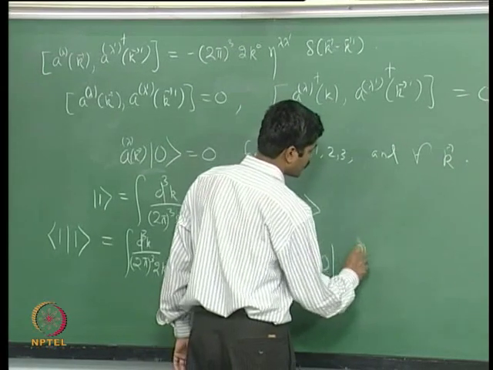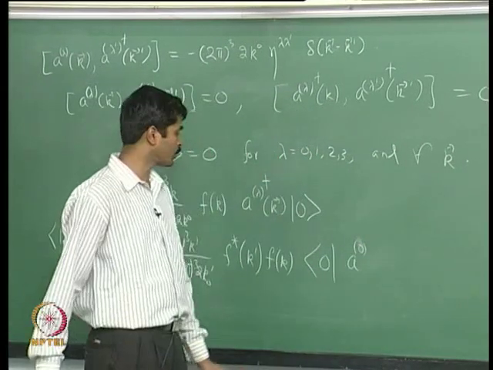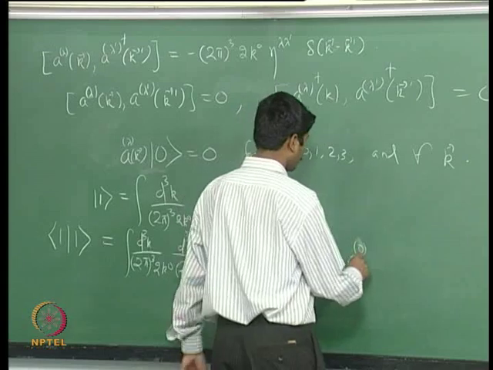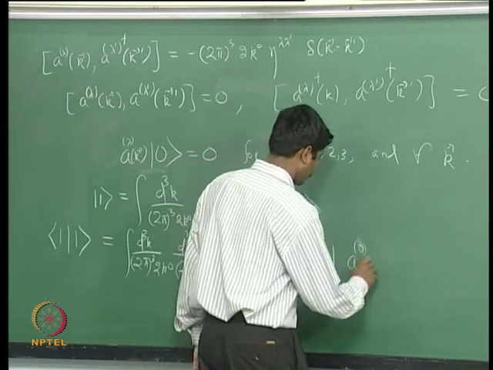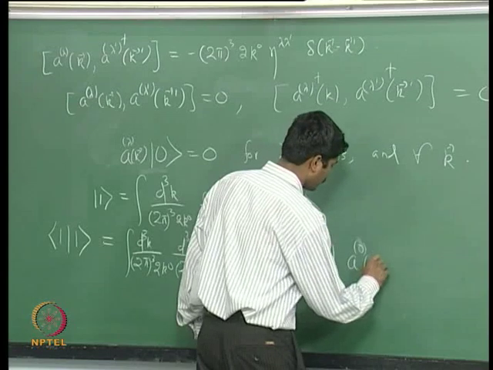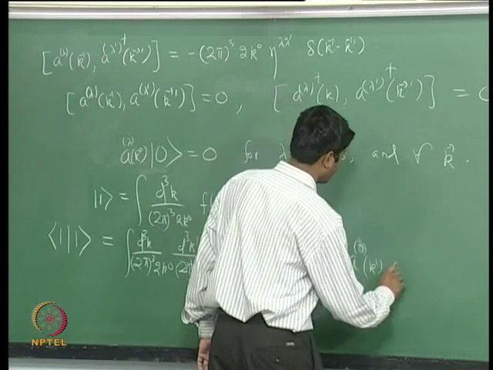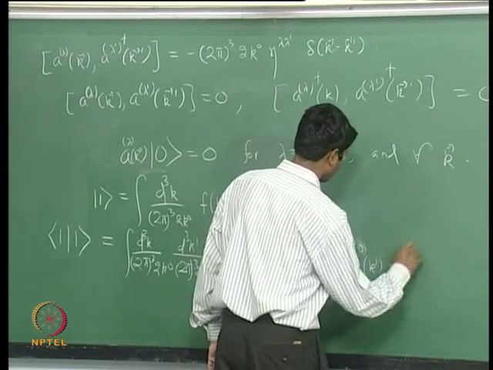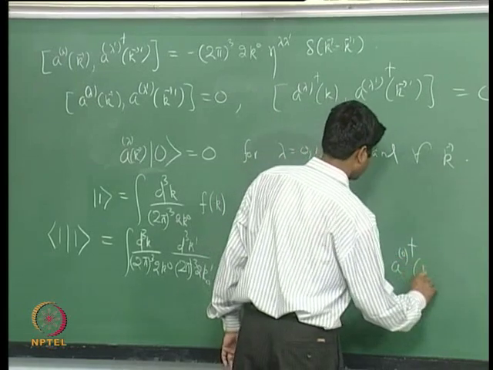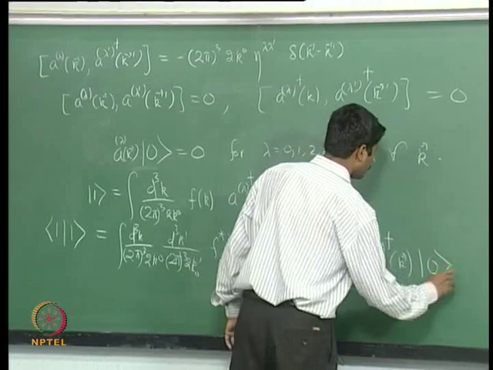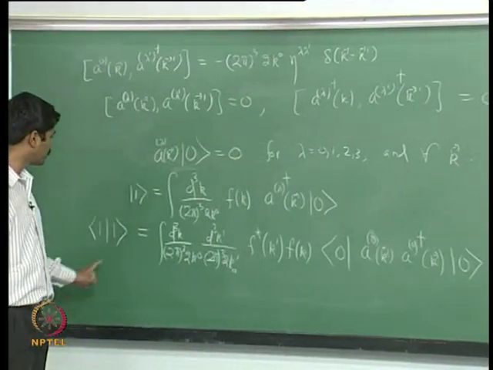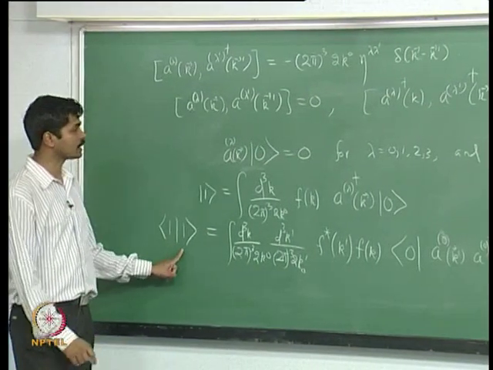I am considering the one particle state corresponding to the scalar polarization. So, A 0 acting on k prime, A 0 dagger k. This is what is the norm for the one particle state.